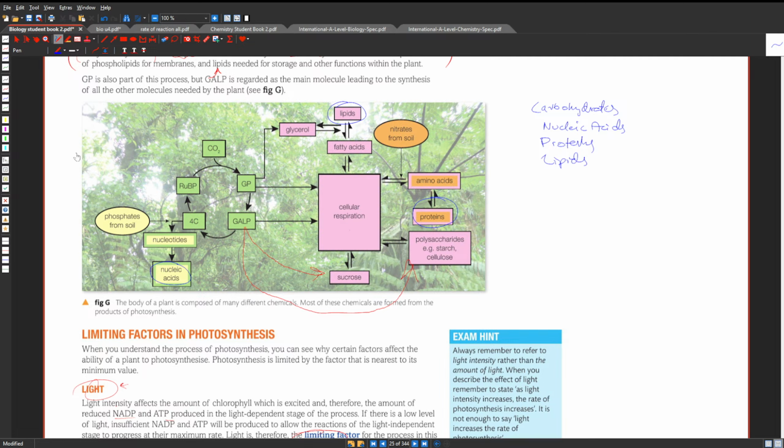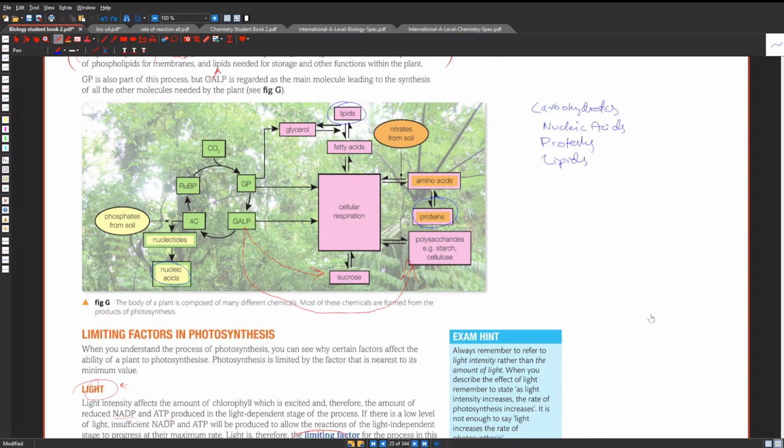What did we talk about? GP is used to make something. GALP is used to make something. It was these, right? The condensation reactions of these.